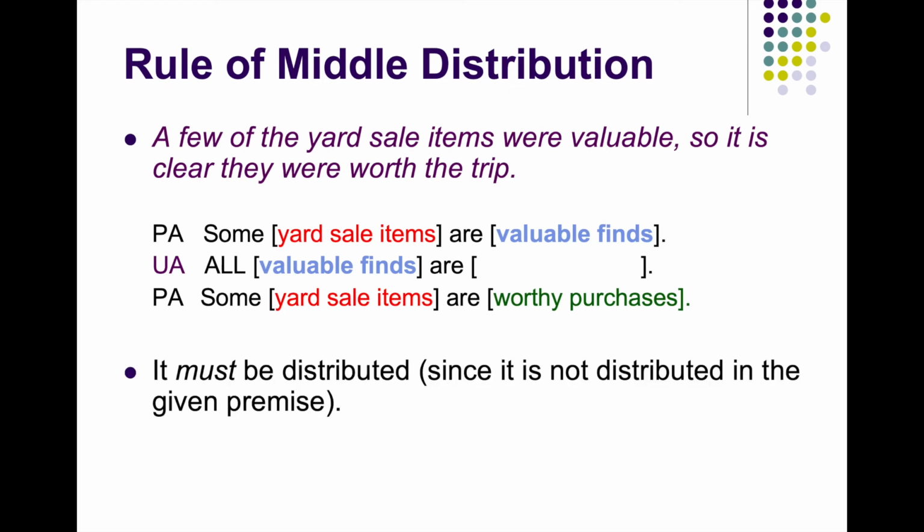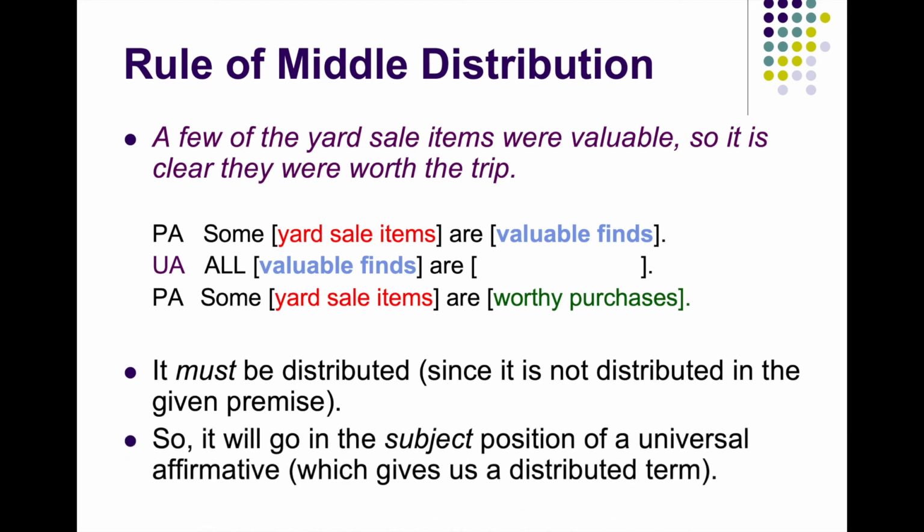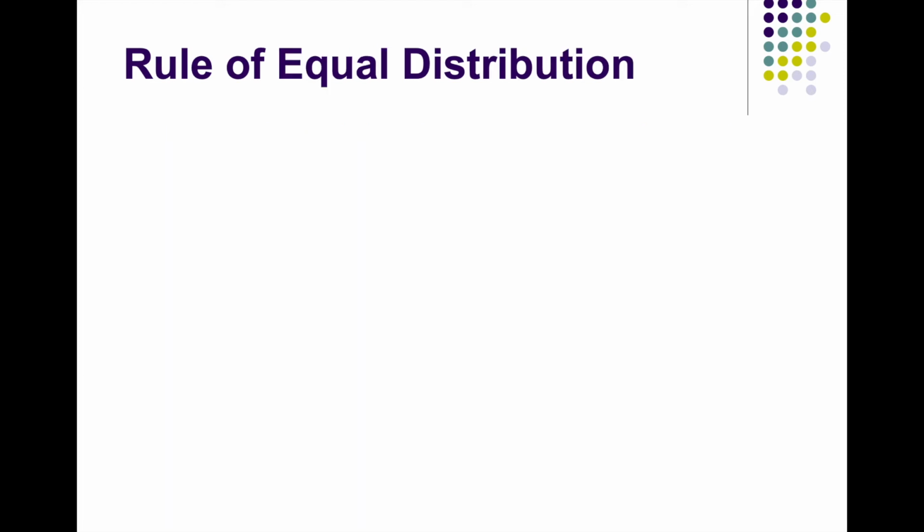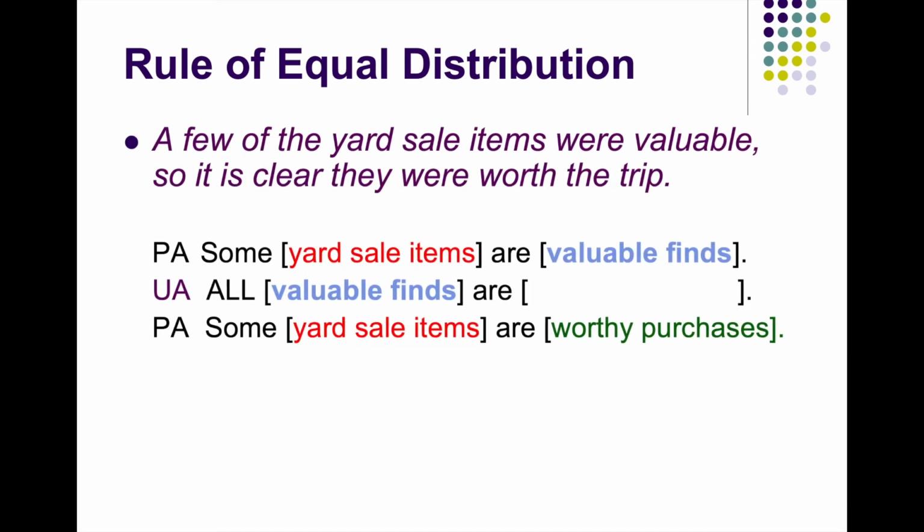And I know it must be distributed because middle terms must be distributed once and only once, and it's not distributed in the given premise. So it goes in the subject position of a universal affirmative because that's where it gives us a distributed term. So then I can move on to the rule of equal distribution.